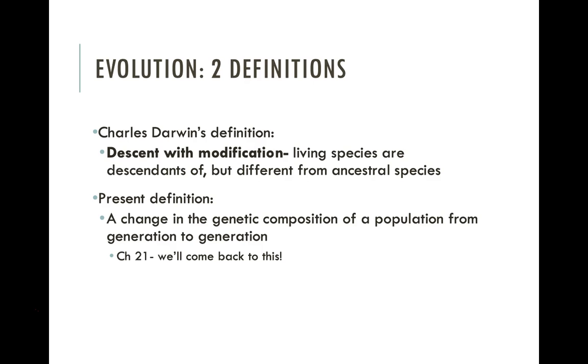But Charles Darwin started to look at some evidence around him and see that organisms actually were very specifically adapted to their environment. And he also noticed that they were often similar to those around them and similar to ancestral species. So Charles Darwin's definition is actually something called descent with modification.